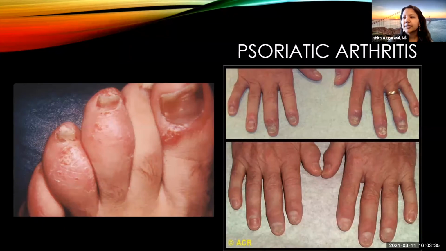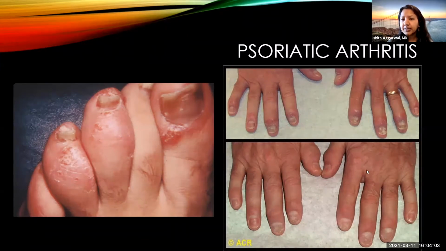Here you can see that the sausage shape of the toes is caused by soft tissue swelling, and it's seen much more with psoriatic arthritis rather than in things like rheumatoid arthritis. In the second picture, you can see that this patient has a very symmetric involvement of multiple joints that involves the distal joint, as well as nail changes that are characteristic of psoriatic arthritis.